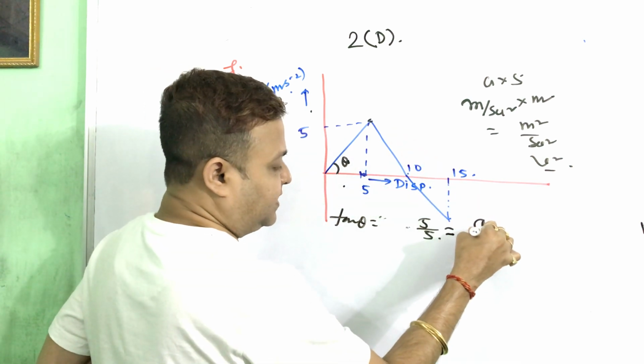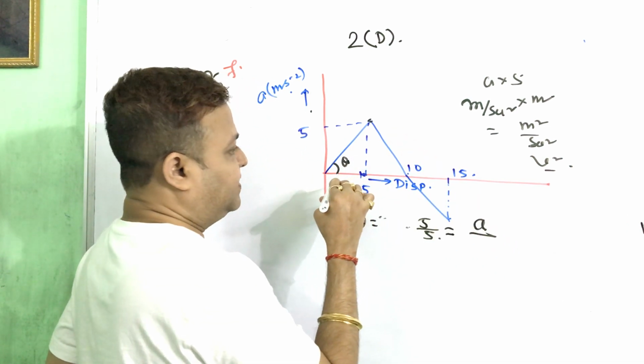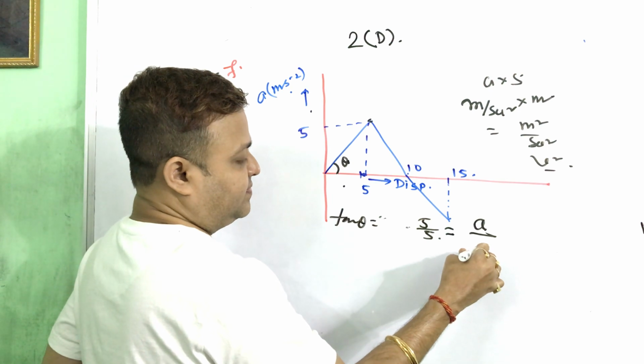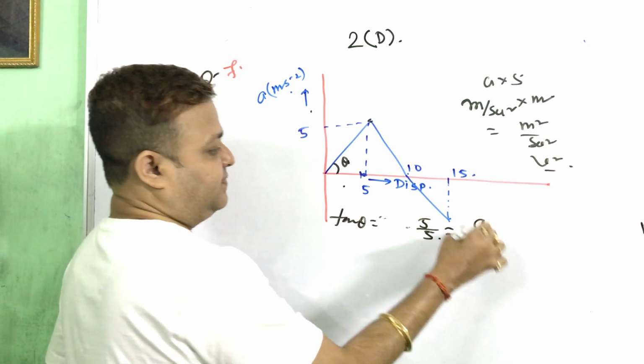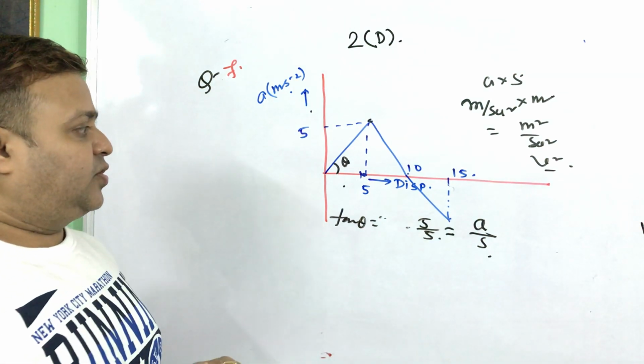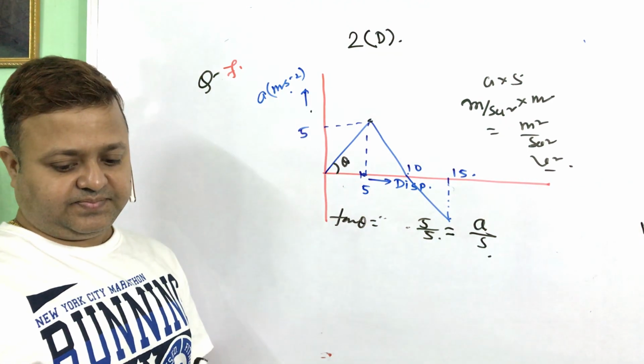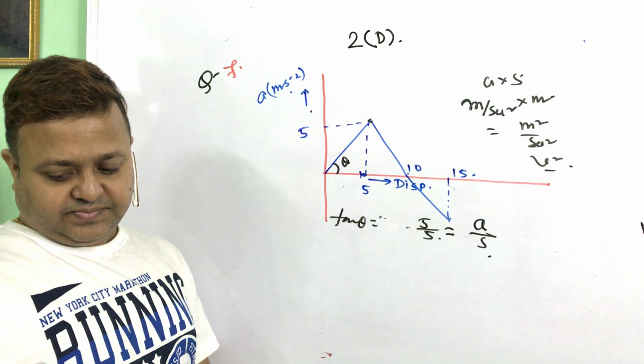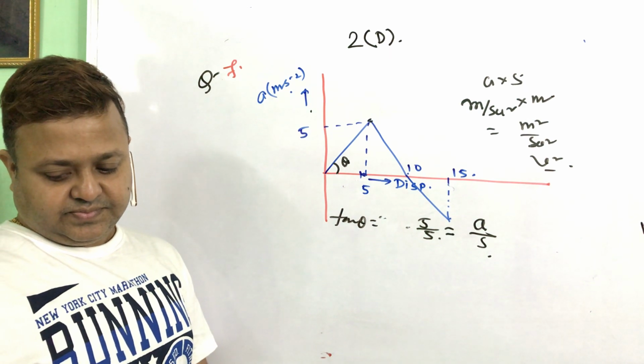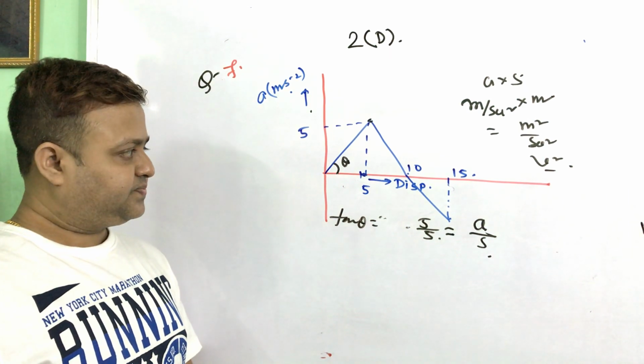That is acceleration, say A, by displacement, suppose S. Slope of the acceleration displacement curve, that is tan theta equal to 5 by 5. Right?